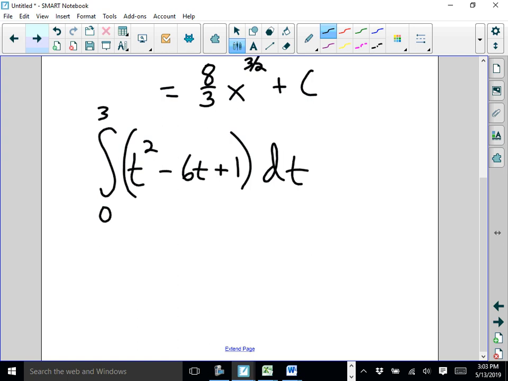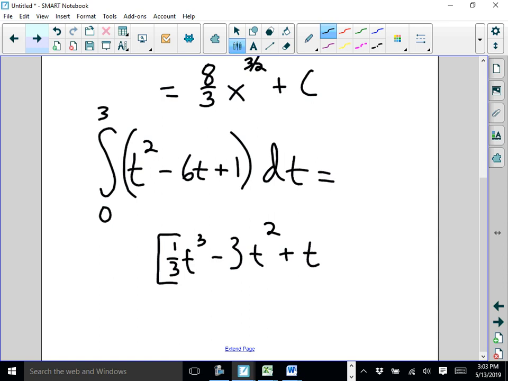So I bump and divide. I bump and divide. What happens when I have a constant? Well, with derivatives, it goes away. But a constant, when we're doing an antiderivative, we tack on an x, or in this case, we tack on a t.